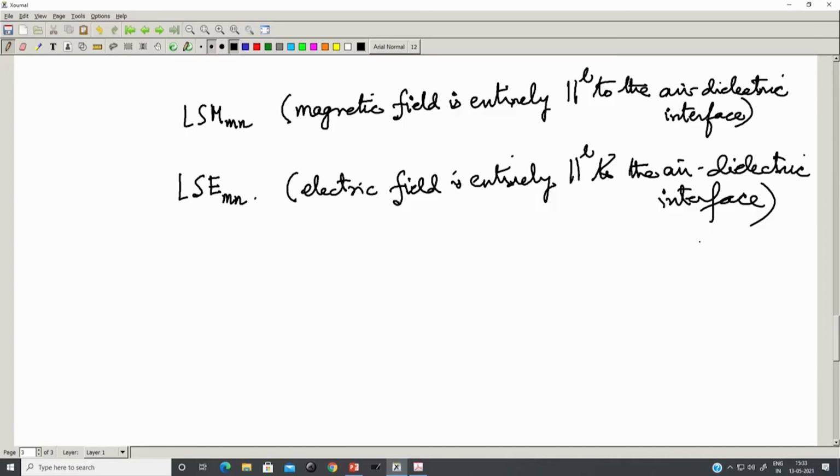The subscript M describes the transverse variation of fields inside the dielectric strip. So, that means that this is the wave number which describes the variation of the fields inside this strip. So, as we marked, this one was my y.